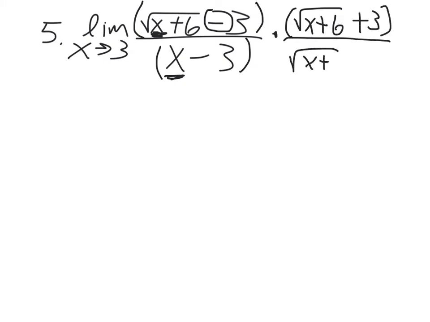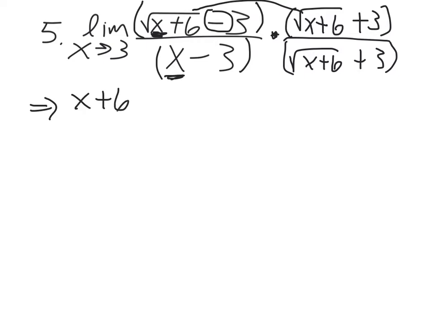And again, we have to do that top and bottom. Technically, what we're doing is multiplying by a value of 1, but we're just changing the form of it to make it nicer and hopefully simplify for us. So as we multiply the numerator out, square root times itself leaves us with the x plus 6.